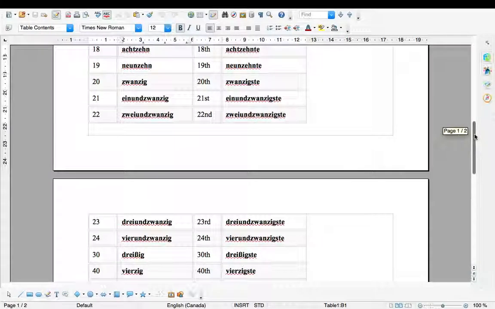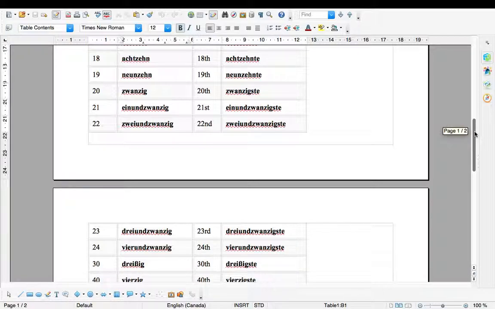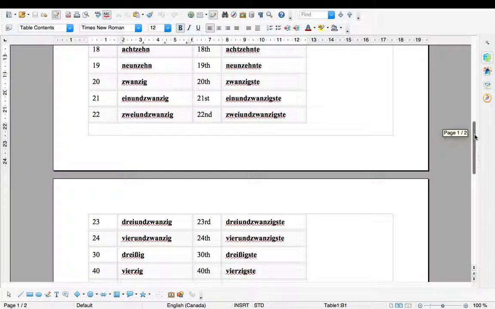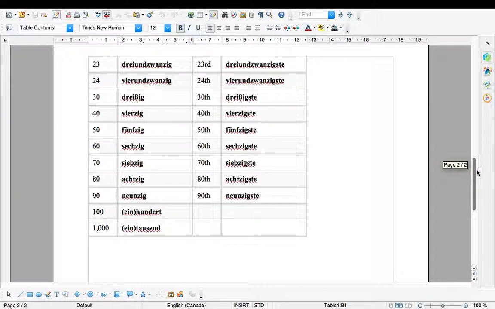And again, 31 onwards, it becomes 31, 32, so on, until 39. Then 40. And then we know how to say 41 to 49. For example, 41 until 49.